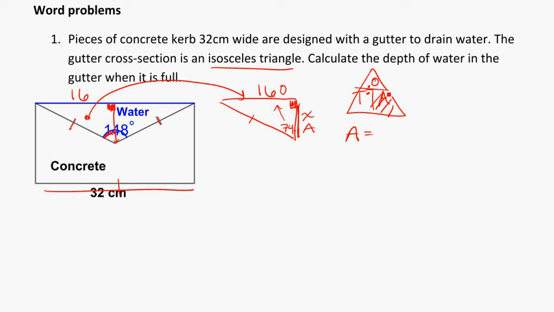Remember, it's tricky, but you always start with the one on top, the opposite, 16, divided by the tangent of the angle 74. And 16 divided by tangent of 74 is equal to 4.59 centimeters. So in a sense, that's approximately 4.6 centimeters deep for the water.